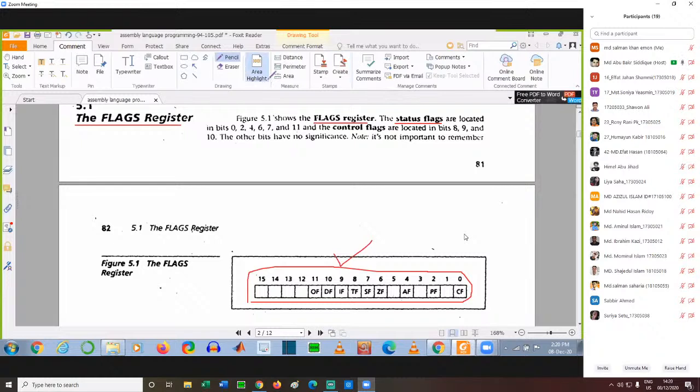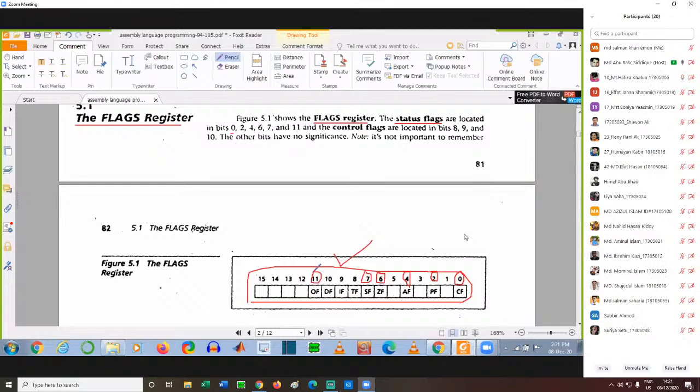So how many status flags are there? Status flags are located in bit number 0, bit number 2, bit number 4, bit number 6, bit number 7, and bit number 11. Bit 0 has a status flag, bit 2 has a status flag, bit 4 has another, bit 6 another, bit 7 another, and bit 11 is the last status flag.